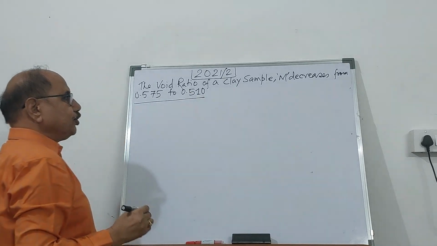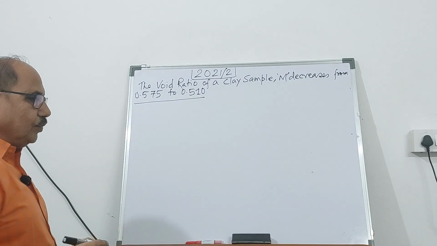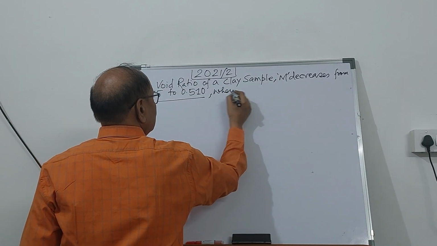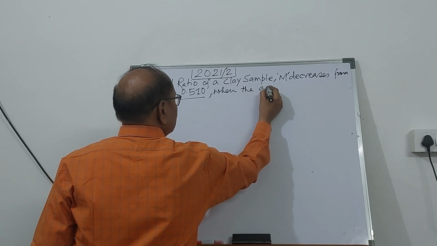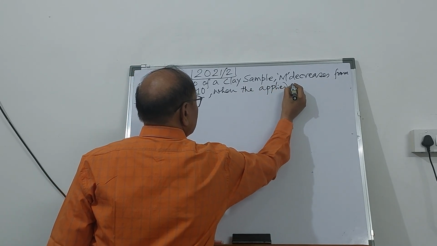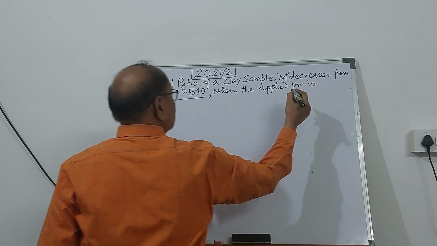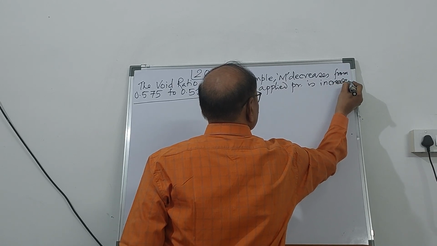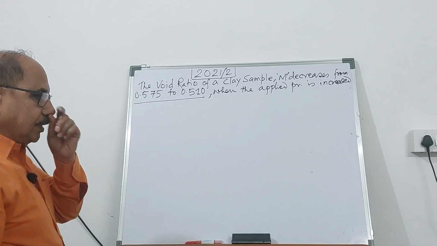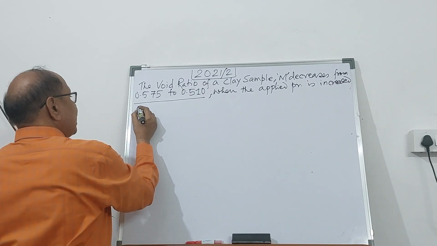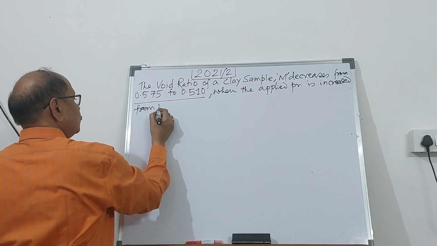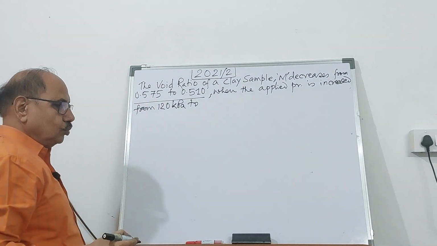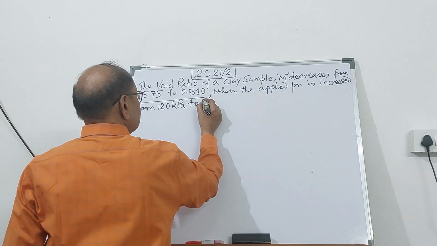There is a change in void ratio for sample M when the applied pressure is increased from 120 kilopascal to 180 kilopascal.